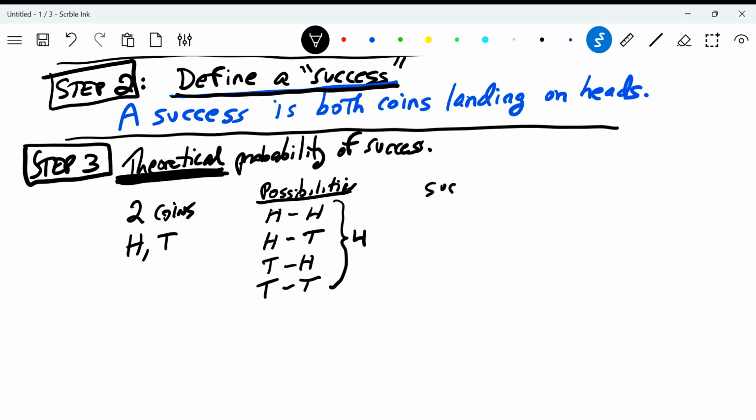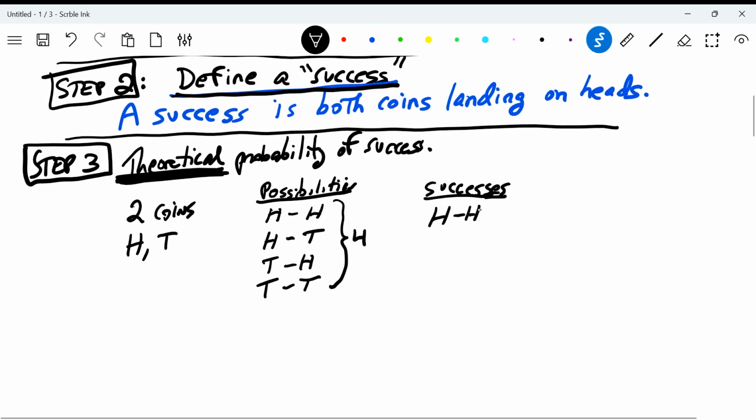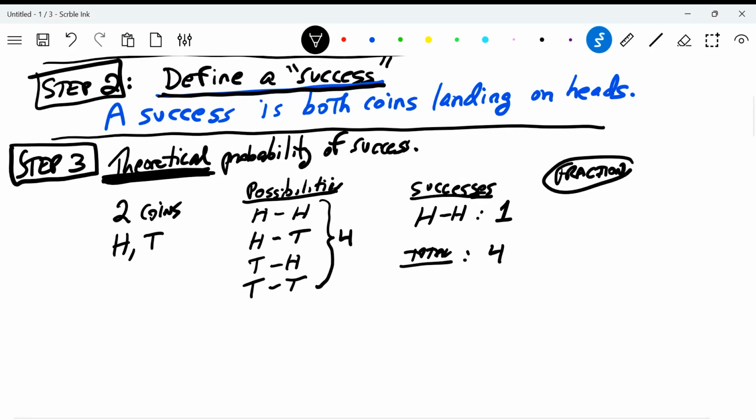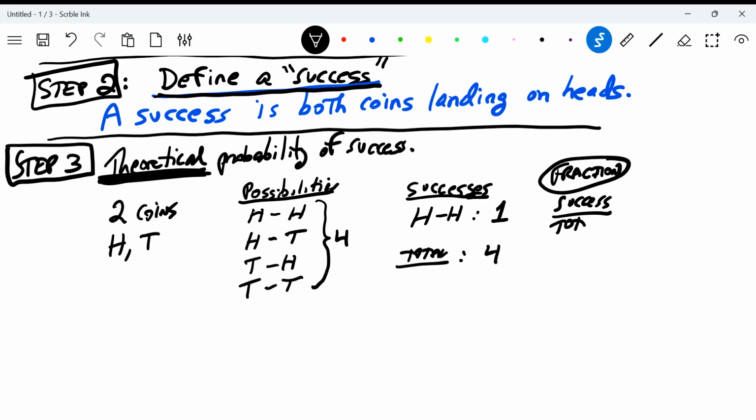So over here I'll put successes is heads, heads, and of that there's only 1. So the successes are 1, the total is 4, so we have a 1 over 4. What we do is a fraction of success over total.